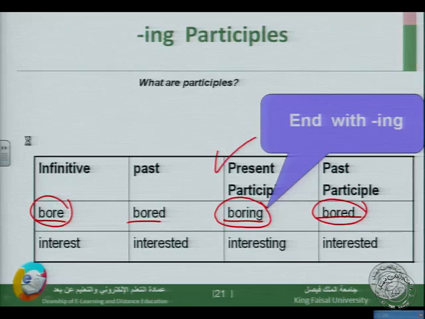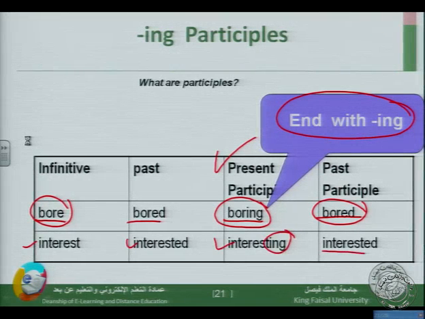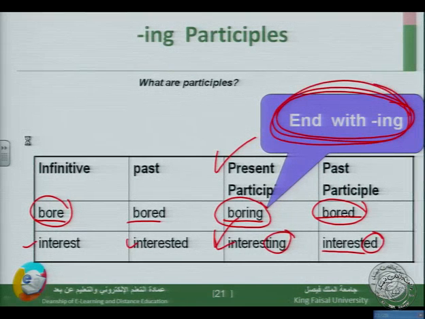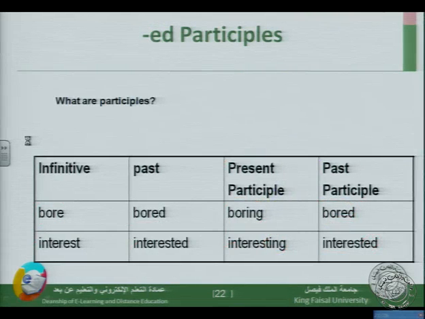This we call a present participle. The present participle must end in ing. For example, interest, interested, interesting. Now focus on the present participle. Present participle should end with the ing. They are verbs but they function as adjectives.